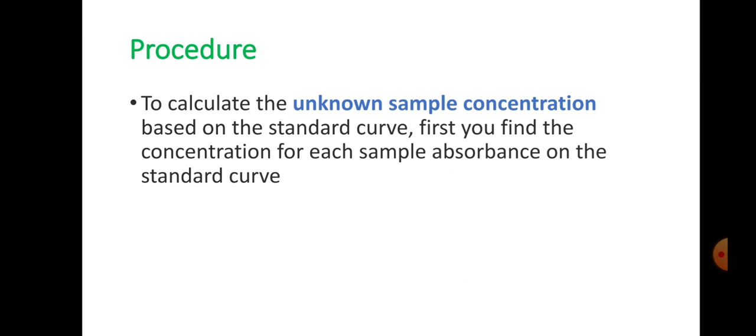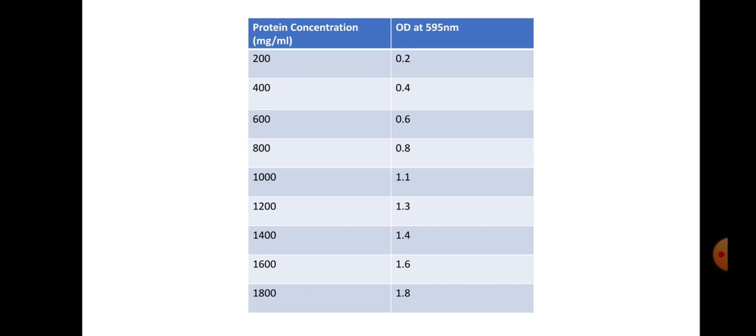Procedure: to calculate the unknown sample concentration based on the standard curve, first you find the concentration of each sample's absorbance on the standard curve. Here I have given an example taking protein standard concentrations.